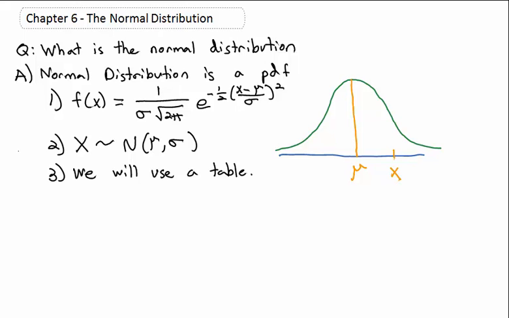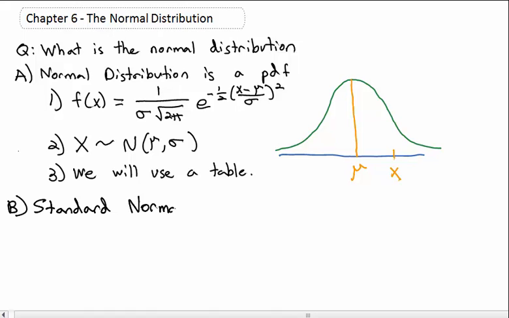To help us actually use a table, though, first we need to understand how to use the standard normal distribution. And the idea here is we can take any normal distribution and standardize it into a z random variable.